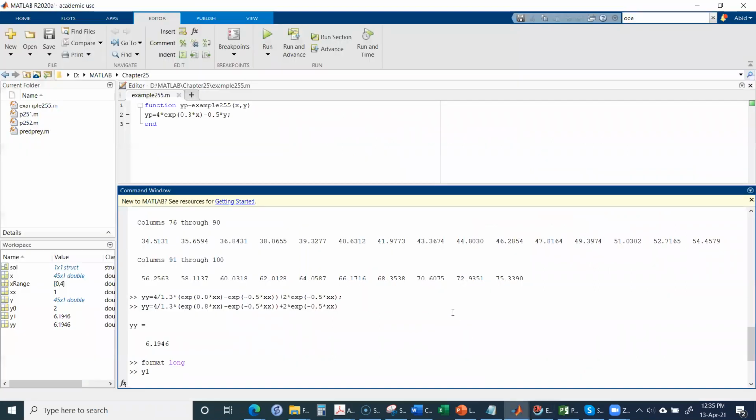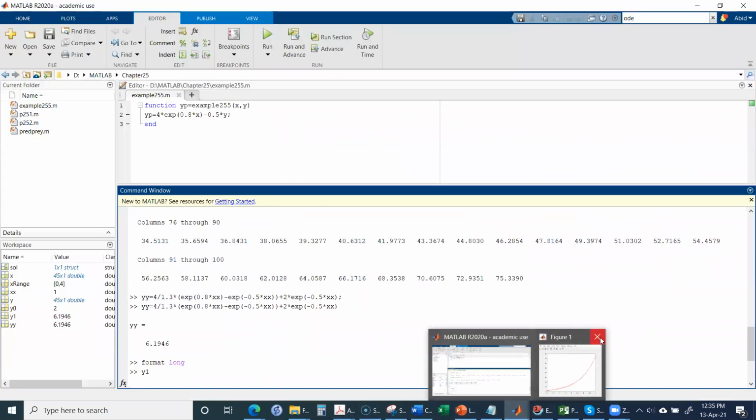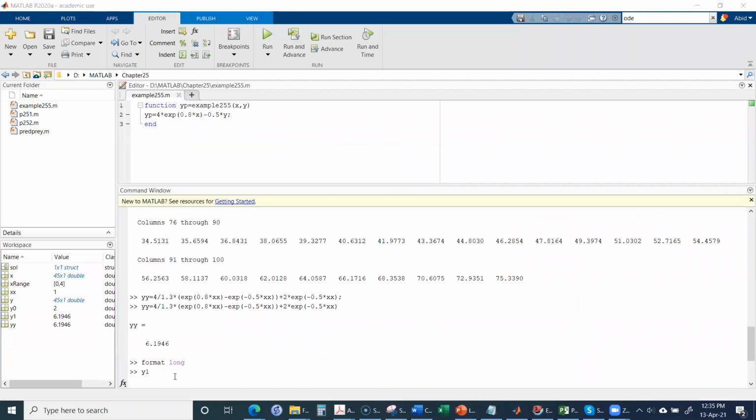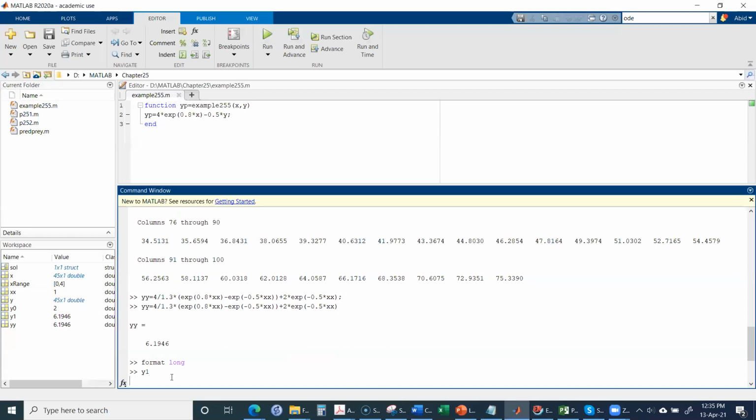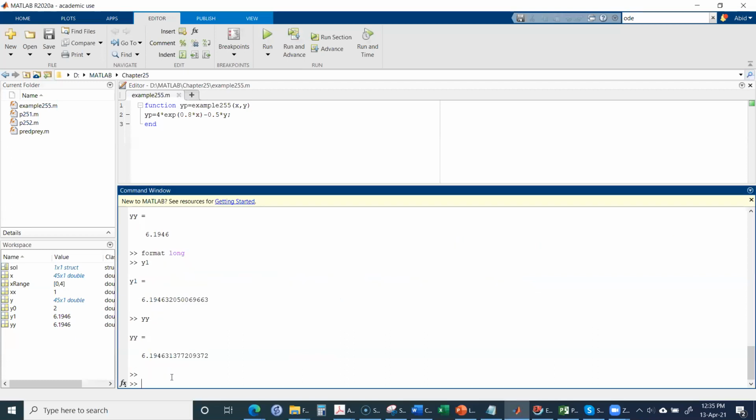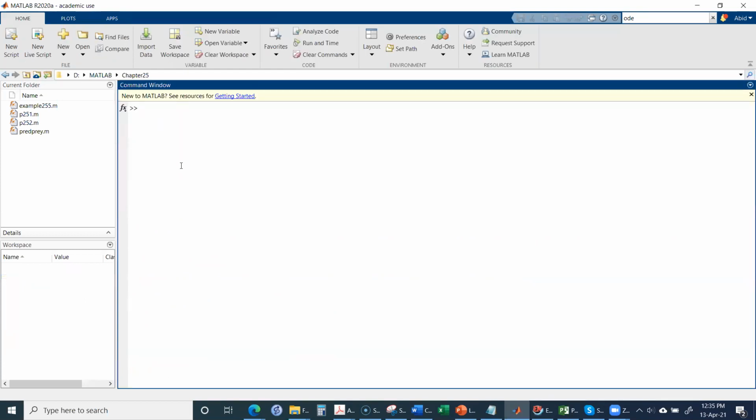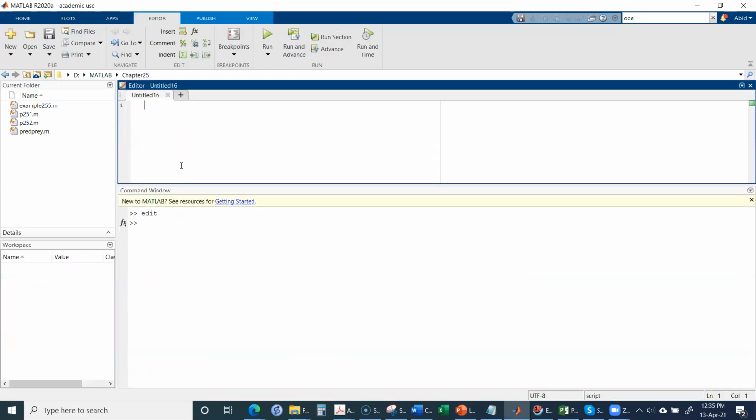So for this, I go to MATLAB. Maybe I close this chart and just clear everything. Clear, clc. Okay. And I also close this editor window. Now I open a new editor window.